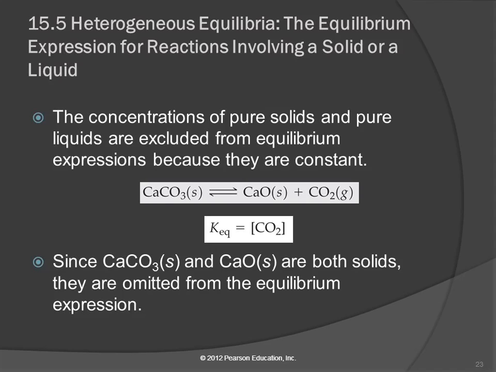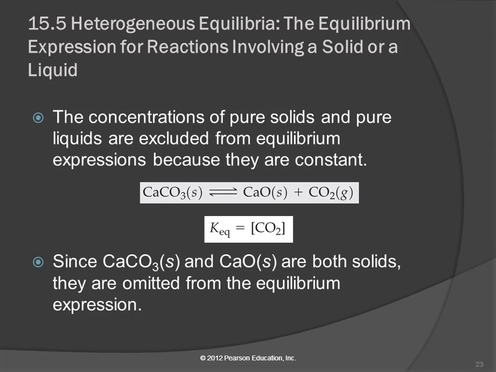When we have solids or pure liquids in a reaction, we don't include their concentrations in the equilibrium constant expression. The equilibrium constant expression for this is just the concentration of CO2, which is not necessarily what you would expect.